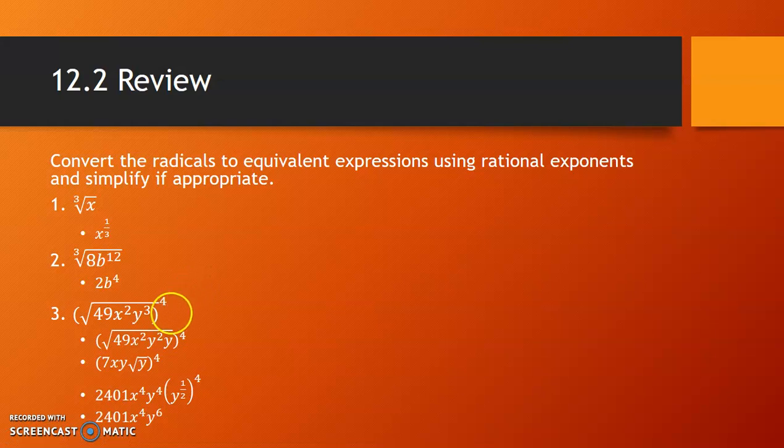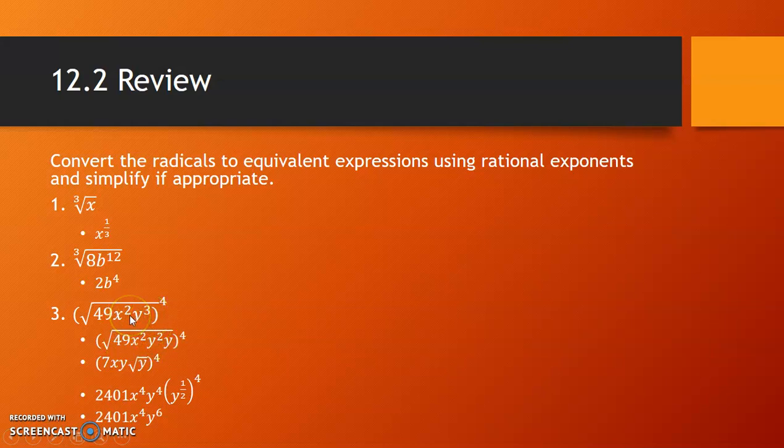Now, the third one on this page is a little more detailed in what they want you to do. So we've got all of this underneath the square root sign, but then it's also raised to the 4th power. So the first thing I would do is work with that square root portion. The 49 is a perfect square number, so you don't need to worry about that one. And with these letters, you just want them to have even exponents.